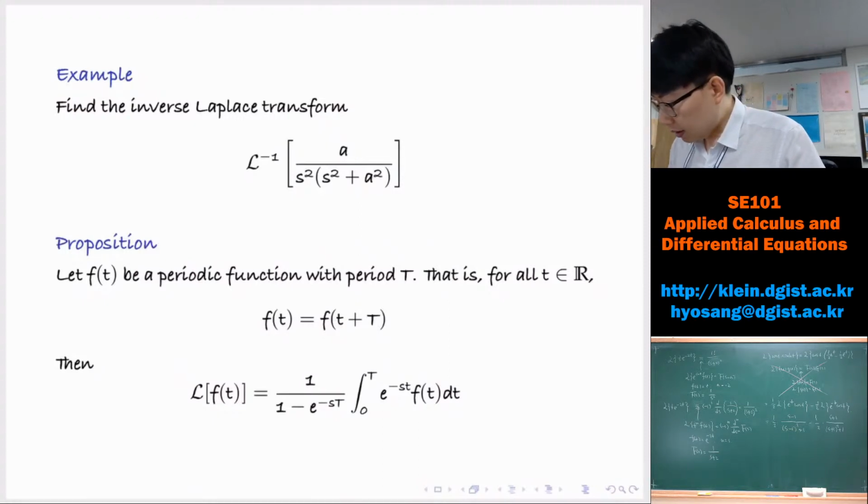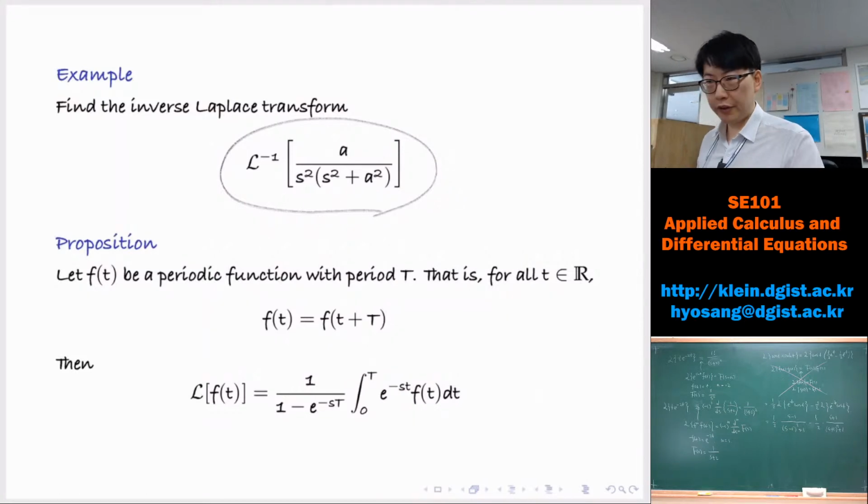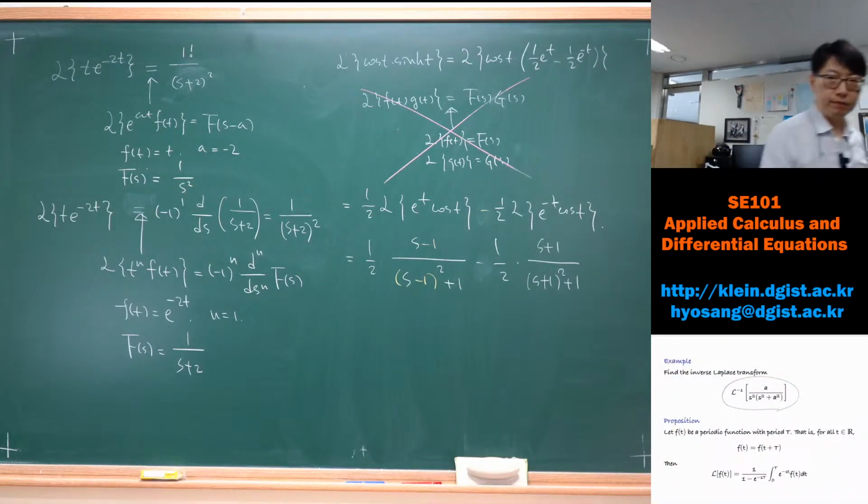Now, let's take the inverse Laplace transform. I don't know why the example appears here, but let's take it. How do you take the inverse Laplace transform of this function?